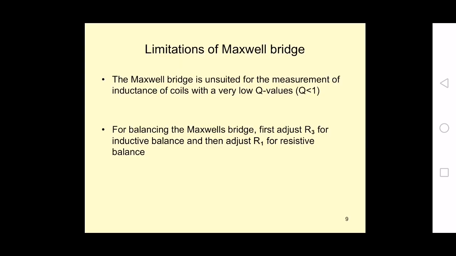And it is unsuited for measurement of the inductance of coils with very low Q values. So the Maxwell bridge is not suited for coils with very low Q values.